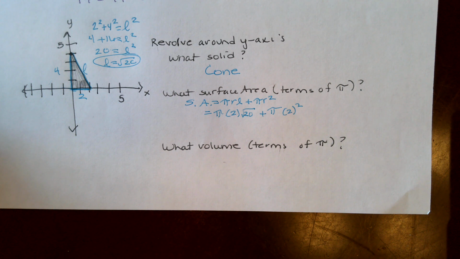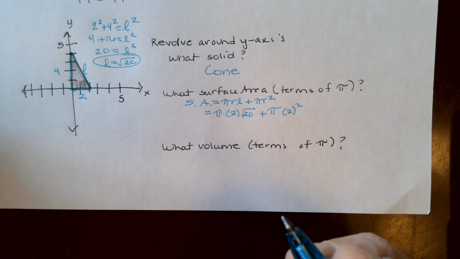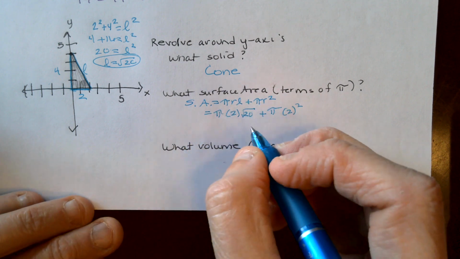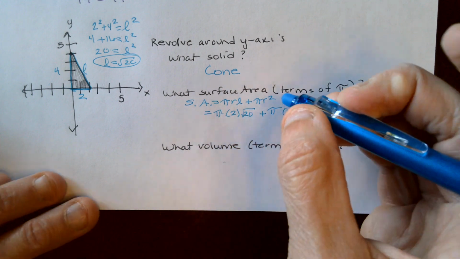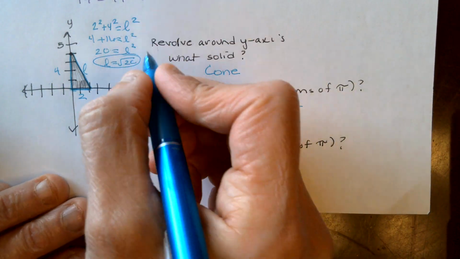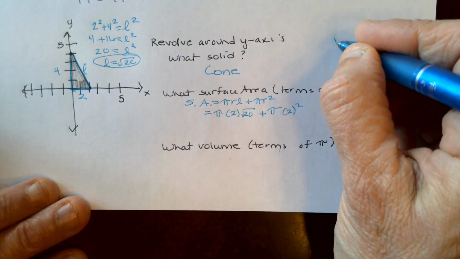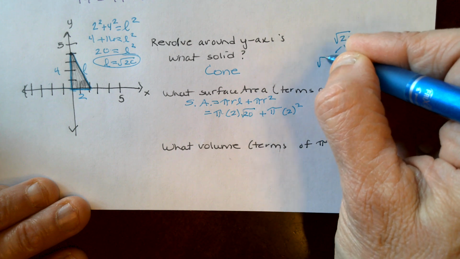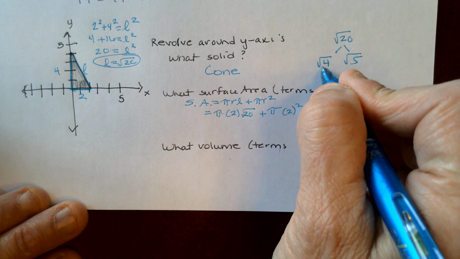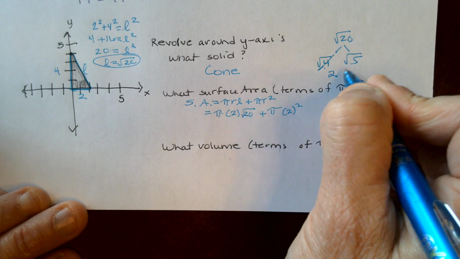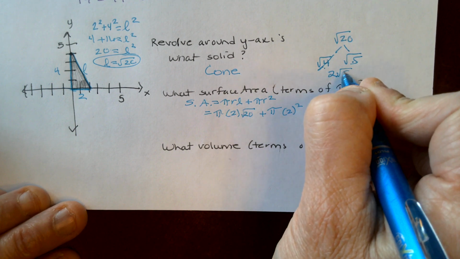I should have broken this square root of 20 down first. Let's do that. Square root of 20 breaks down into square root of 4 and square root of 5. What is the square root of 4? 2. Square root of 5 does not break down.